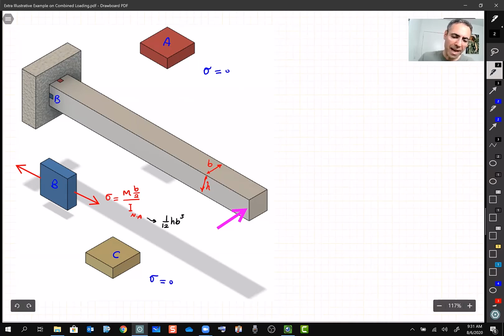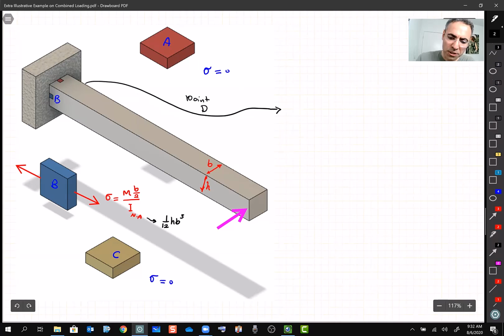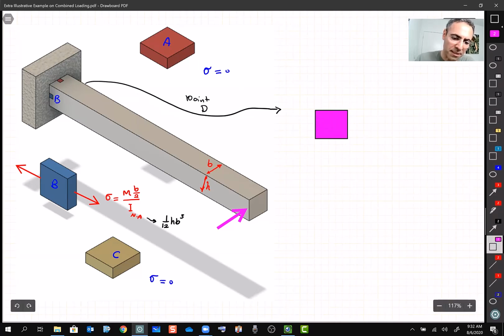And if somebody asks you to draw the stress element for point D, which is like a mirror of point B, let's say somewhere around there, point D, okay? The stress is going to be, you can guess, very similar to point B, except it's going to be under compression.